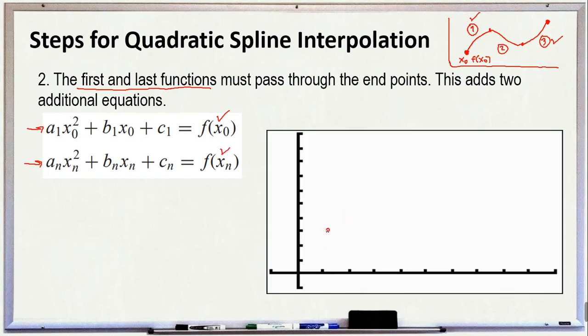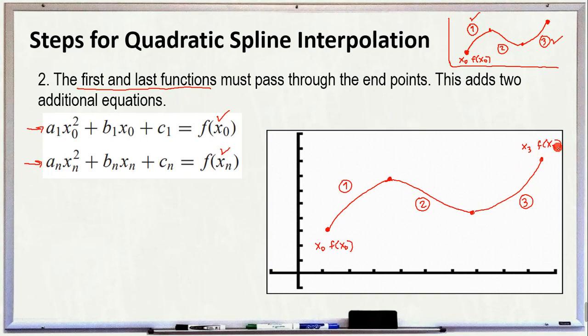Again, let's go back to our example. We have three intervals. So first quadratic spline, second quadratic spline, third quadratic spline. The endpoints are x naught, f of x naught, and our last is represented as x sub 3, f of x sub 3.